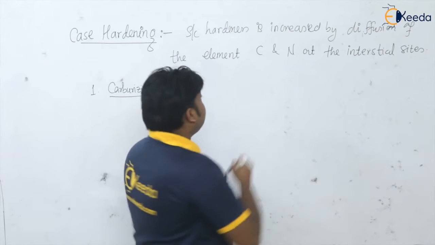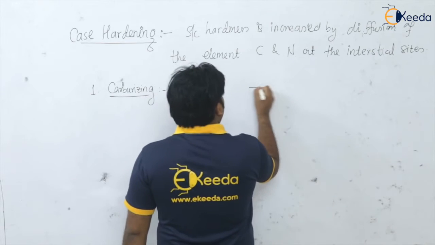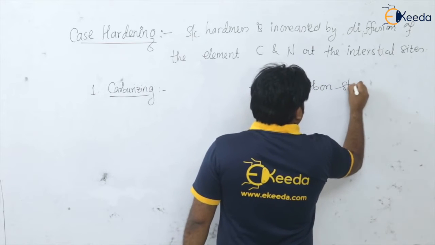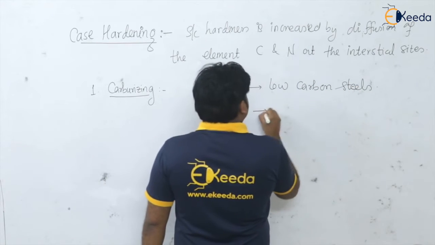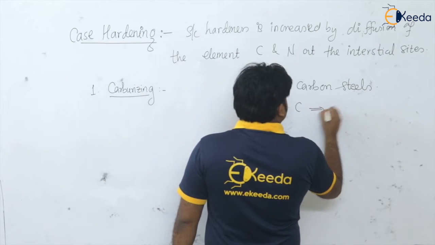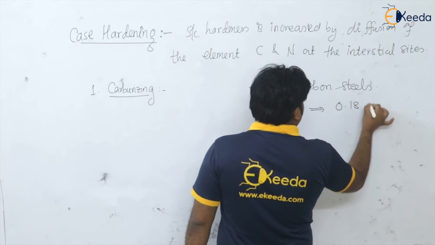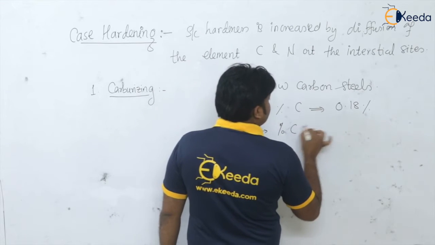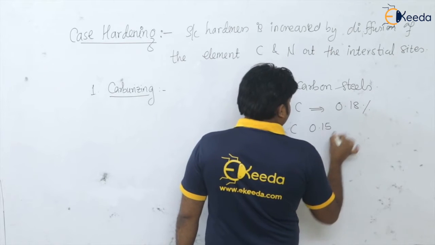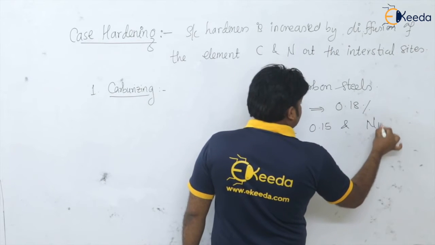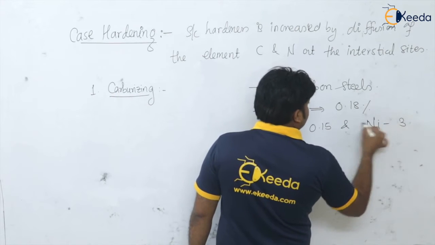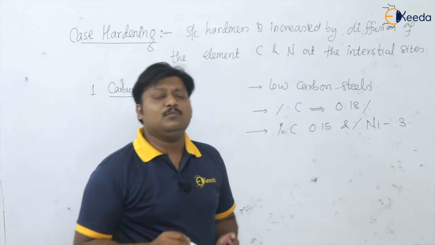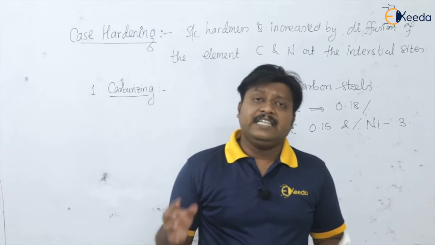What I am saying is, these processes are very useful for low carbon steels, or steels having a carbon percentage up to 0.18%, or steels having 0.15% carbon and containing nickel up to 3%. So generally only low carbon steels are suitable for case hardening.